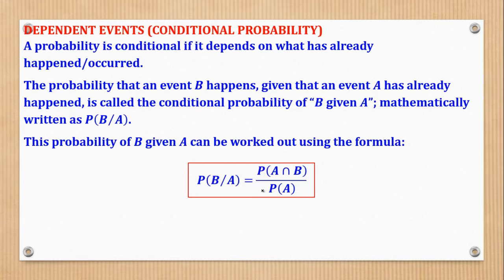So in this case, it is A which has already occurred, so that's what we put as the denominator. And like I told you from the commutative law, probability of B intersection A is the same as probability of A intersection B. So whether you write B intersection A or you write A intersection B, it is still the same.